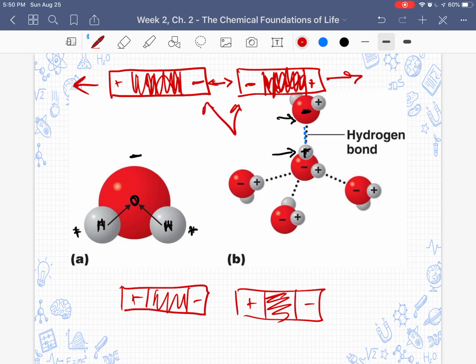In this case, the negative end will be pulled towards the positive end, and the positive end will be pulled towards the negative end. So this magnet will go this direction, and this magnet will go this direction, because opposites attract. And that's exactly what's happening with our water molecules. This opposite charge oxygen atom is attracted to the positively charged hydrogen atom, and that attraction forms that hydrogen bond.